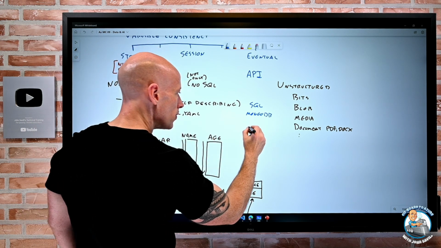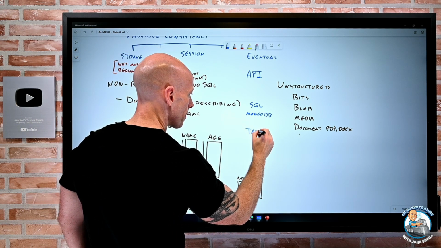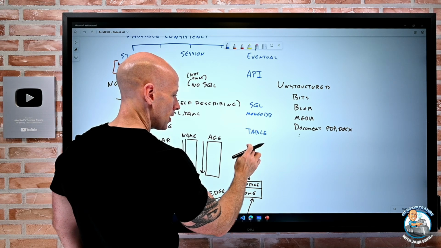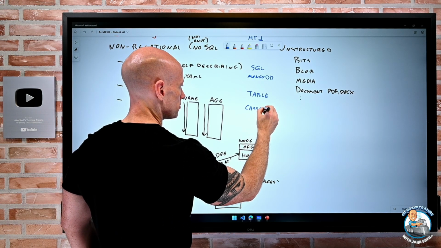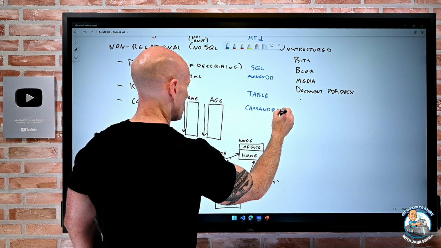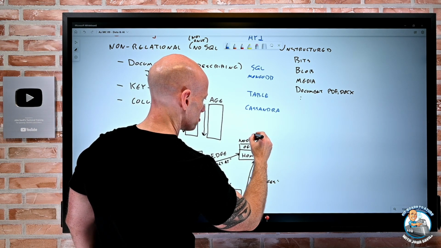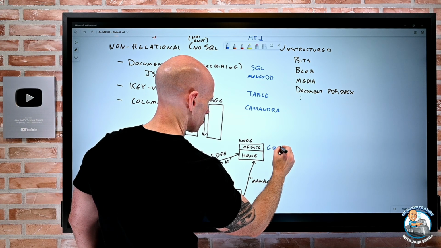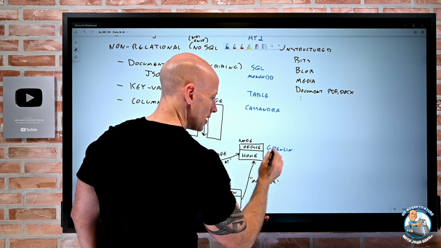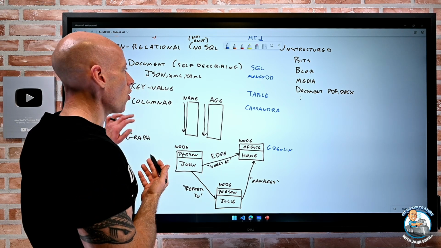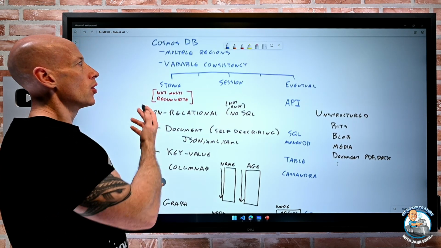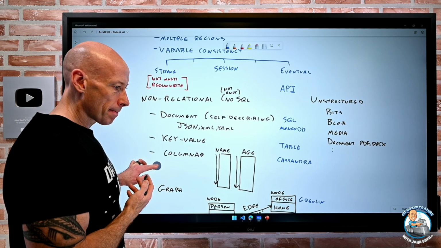For key value, it has a table API. For columnar, it has Cassandra. And for graph, it has Gremlin. So it's really powerful that I can use all these different types of NoSQL through Cosmos DB.